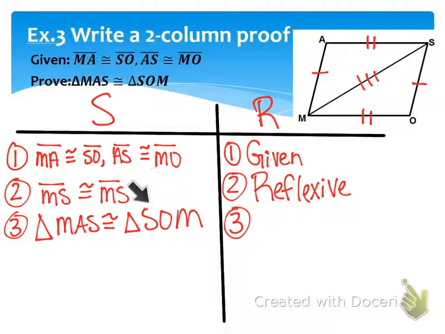AMS would be congruent to OSM. When your triangles share vertices, it might not always match up letter to letter. Does that make sense? The M's will be in different positions. And we just kind of have to think about our angles using 3 letters rather than just 1 letter. Are we okay with that?